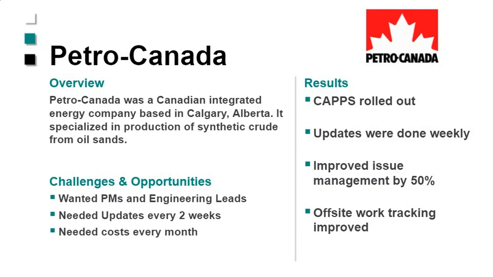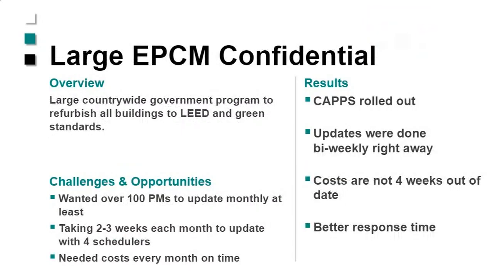And what they really found was the benefit was they could understand what was going on in engineering much better, because engineering is much harder for people to get a feel for, because you can't see and touch it all the time, whereas on the job site, you can. So that really improved their issue management through engineering. And they were able to actually get the updates done every week, which was a big win. And of course, just understanding whether there were any busts for deliveries and offsite tracking. So it was a big benefit to their projects and mitigating issues.